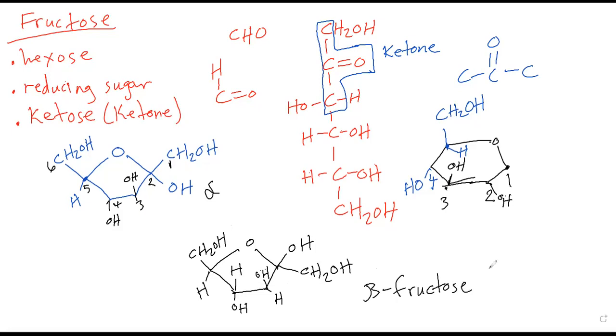So those are the structures for fructose that you should know. But the only one you really need is the beta one, because we're going to use it to draw sucrose. So just take off the structure and then we continue. For the disaccharide, we only need sucrose.